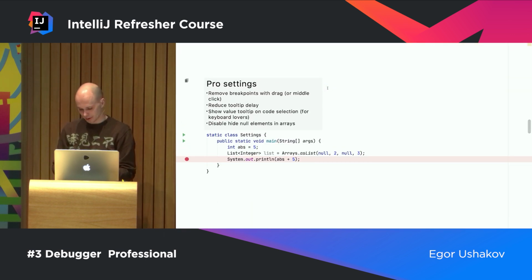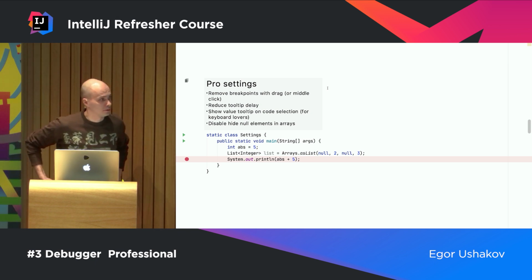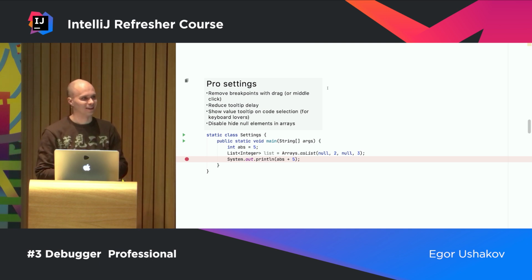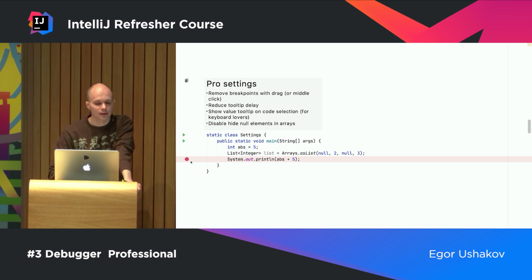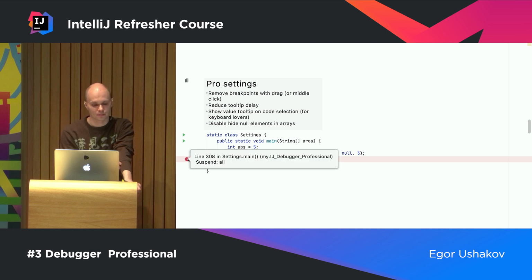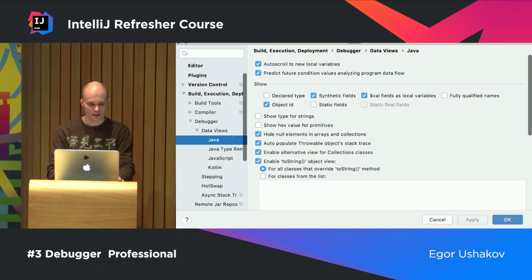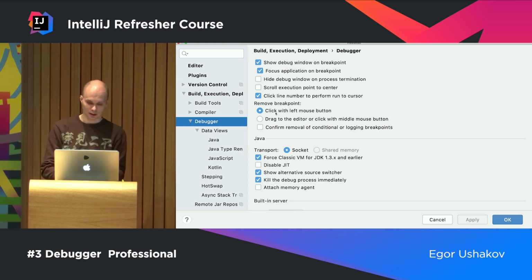Some nice settings of the debugger, which you may be interested to change when you are at some pro level of debugger knowledge. So as I said before, it is really easy to delete a breakpoint if you simply click on that and it's gone. So you may be interested in changing that, and there's a special setting for this here in the debugger settings, which is called remove breakpoint.